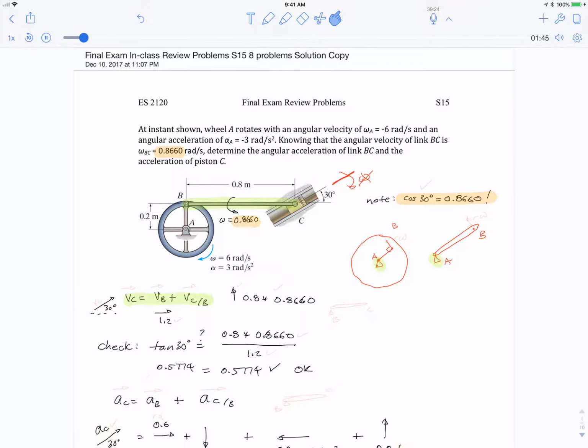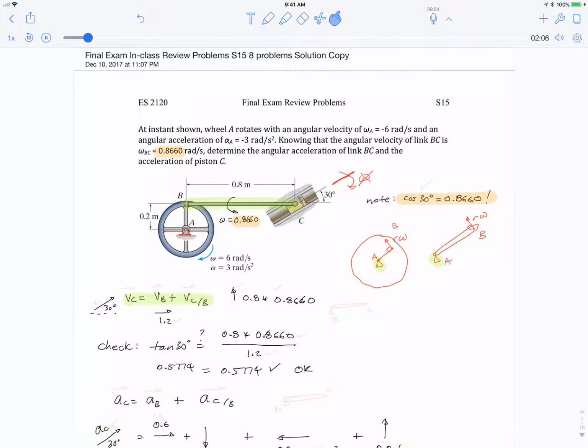For velocity, that would be the velocity at R omega. So you always look for something like that. As you look at this problem, it's pretty clear that that's the pin point at A, and so B is spinning around A. And we're given the alpha and the omega of this wheel.